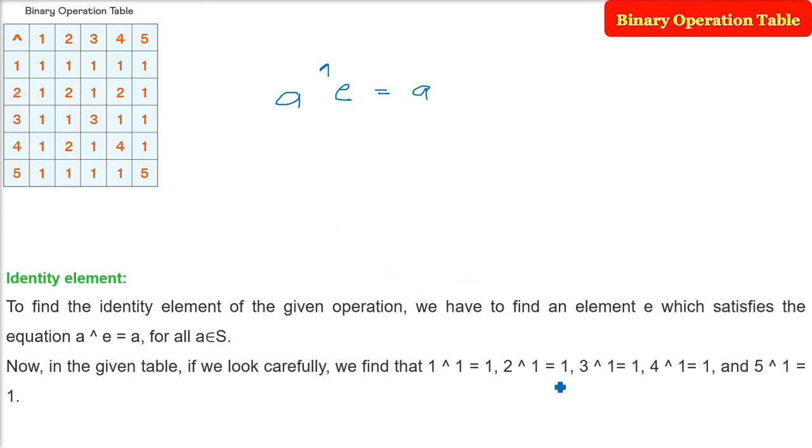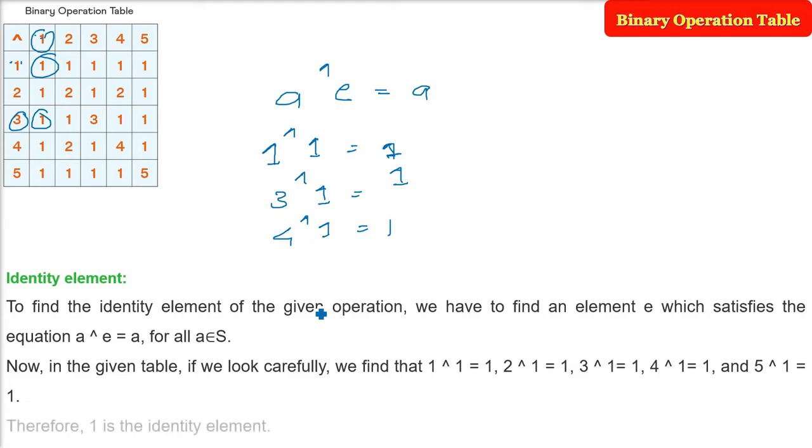So if you see here, 1 cap 1 is 1, 2 cap 1 is also 1, 3 cap 1 is also 1, 4 cap 1 is also 1, 5 cap 1 is also 1. So 1, 2, 3, 4, 5, when you are doing cap operation with 1, you are getting the original value. Or you can say you are getting the 1 value. So what do you get? This identity element is 1 here. 1 is the identity element.